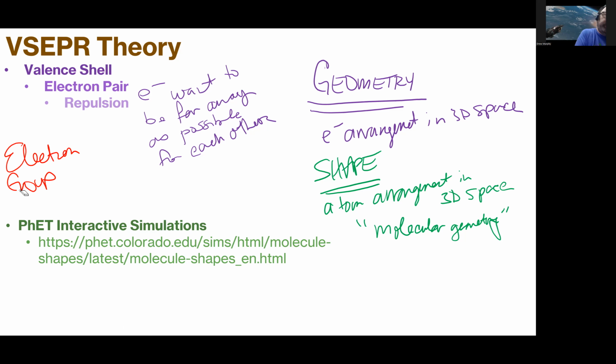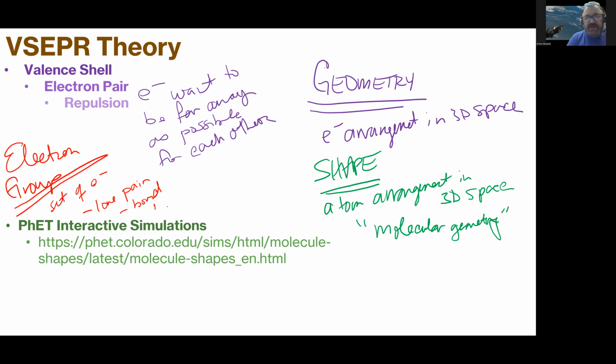An electron group is just a set of electrons. It could be a lone pair, those are the obvious ones. It could be a bond. A single, a double, and a triple all count as one group.